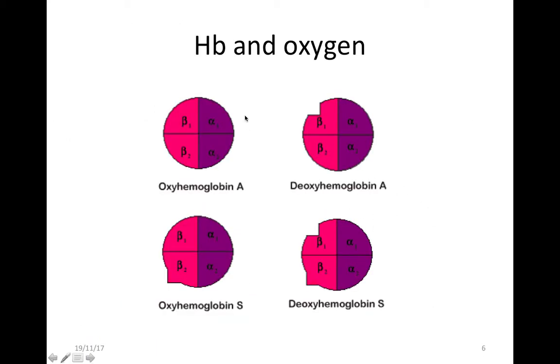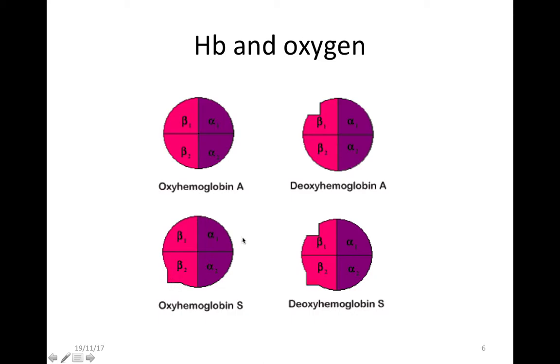Here you can see the pictures: oxyhemoglobin A and oxyhemoglobin sickle. This is the normal hemoglobin with oxygen, and the sickle hemoglobin. This notch is a hydrophobic end that is generated because of the valine at the sixth amino acid.